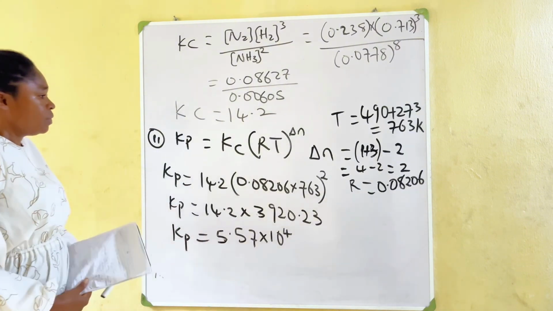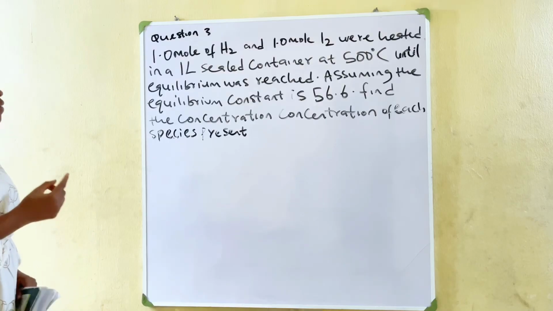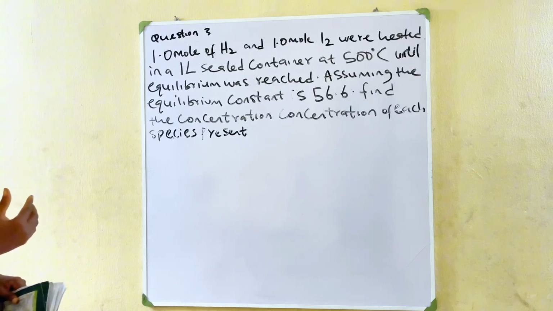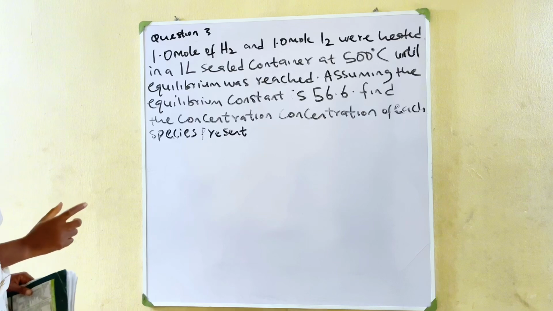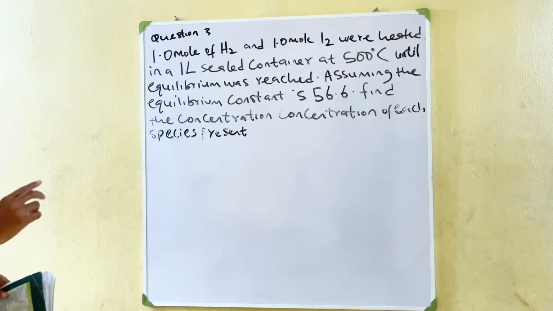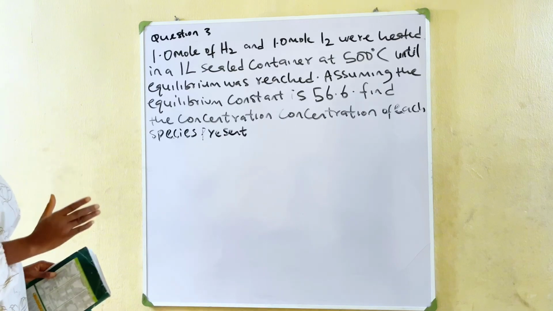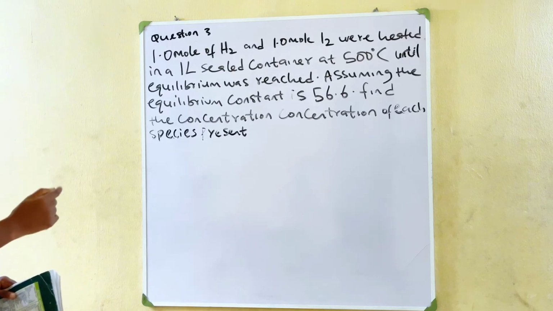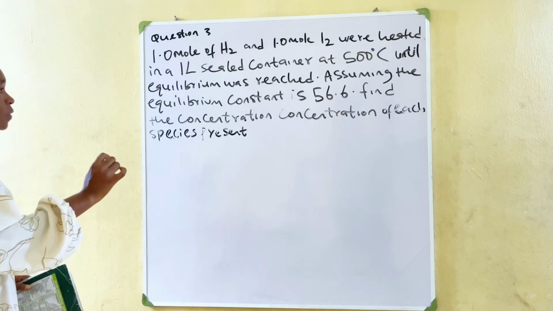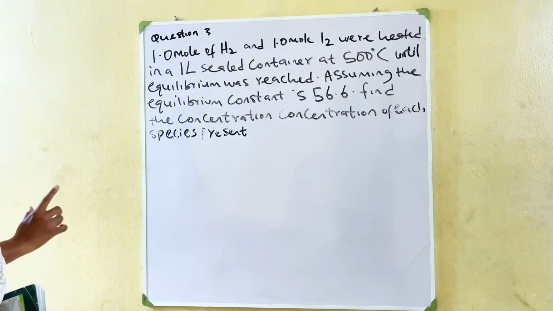Right. So let's look at another question. 1 mole of hydrogen gas and 1 mole of iodine were heated in a 1 liter sealed container at 500 degrees Celsius until equilibrium was reached. Assuming the equilibrium constant is 56.6, find the concentration of each species present.